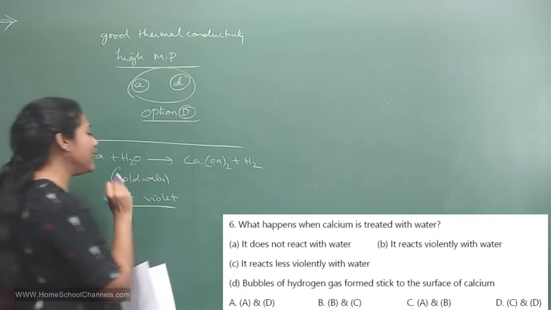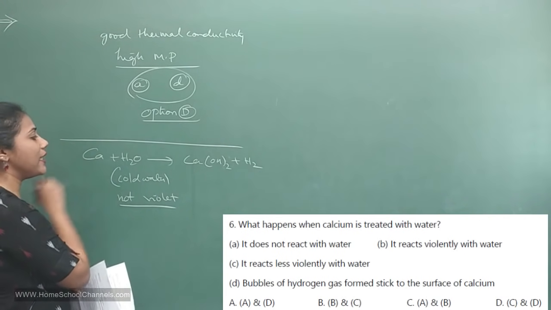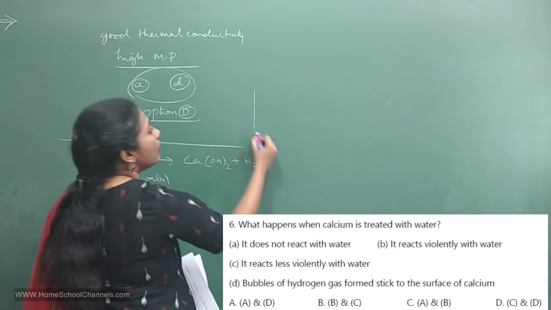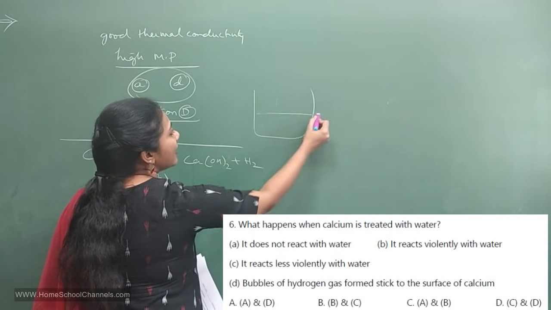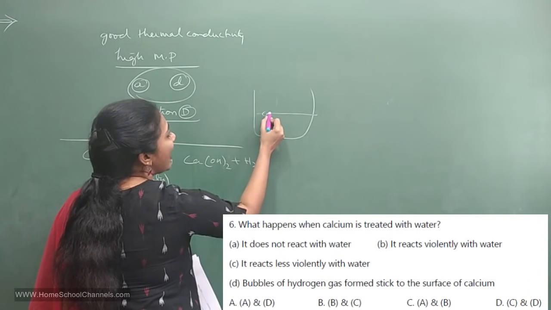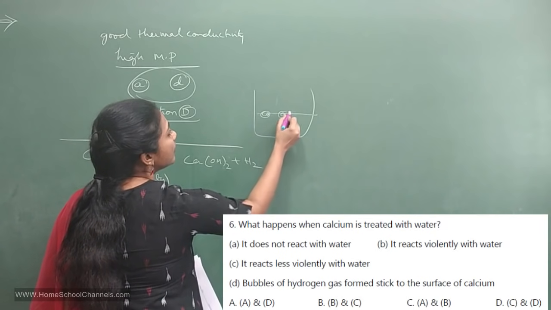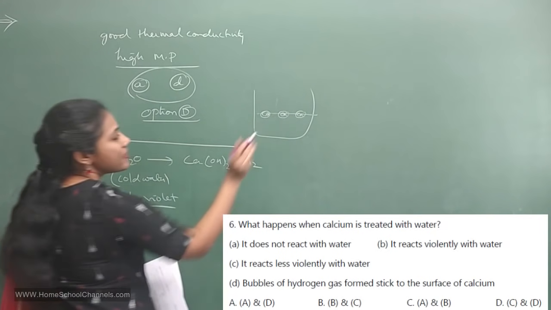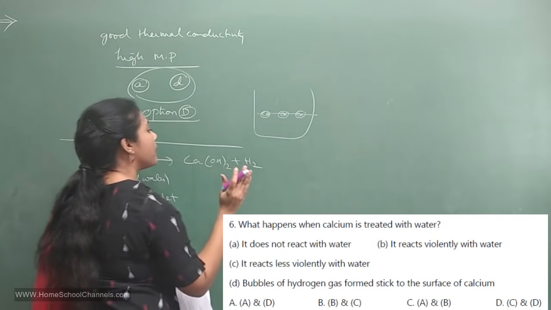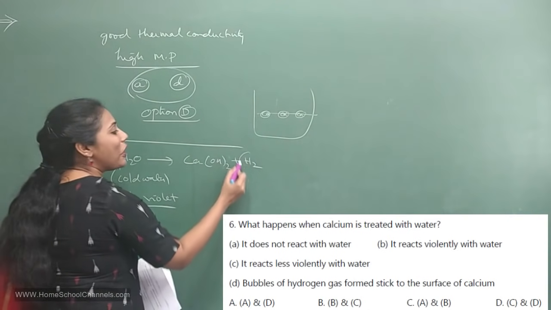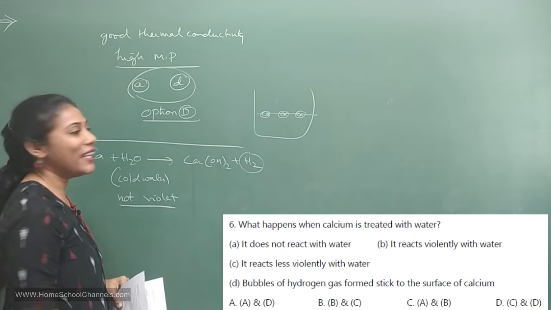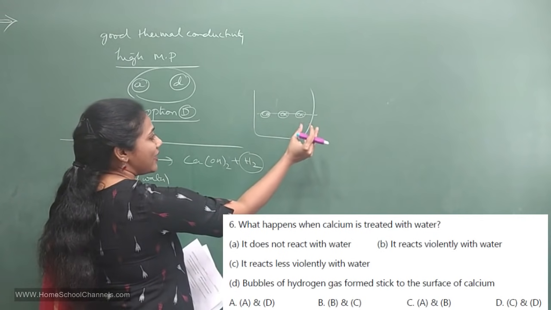And you know, one thing occurs when calcium reacts with water. After the reaction, you will observe the calcium pieces floating on the surface. Few of the calcium pieces will come and float on the surface. So why? It is because of hydrogen gas. Lots of hydrogen gets generated, right?